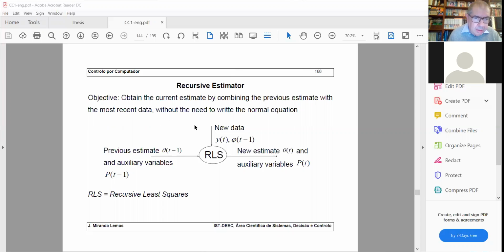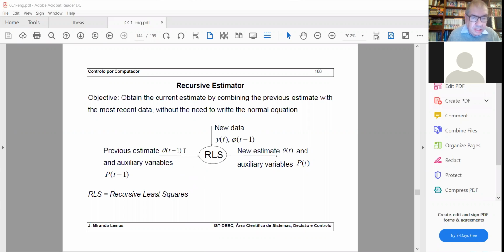So the subject of recursive estimation is presented in this slide. What you want to do is to develop an algorithm that I call RLS, recursive least squares. So I want to modify the least squares batch algorithm that we studied yesterday in such a way that you assume that you have some estimate at time t minus 1.